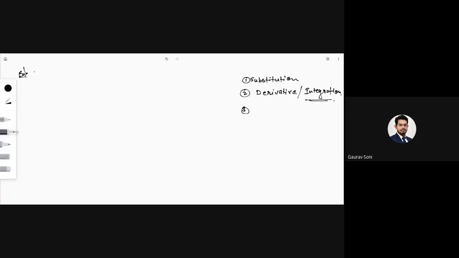Prove that tan inverse of (under root 1 plus x square minus 1) divided by x is equal to 1 by 2 in bracket x minus x cube by 3 plus x raised to 5 by 5, and so on.